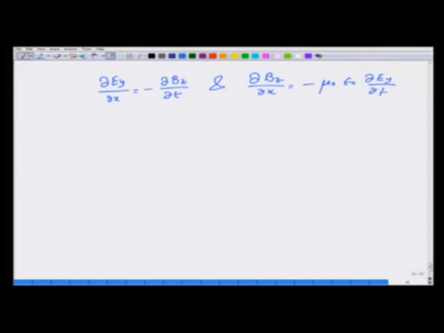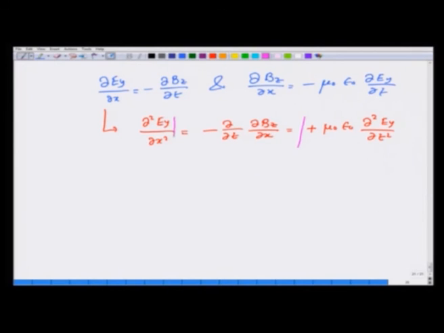If I take this first equation and differentiate it once more with respect to x, I get d2Ey over dx square is equal to minus d by dt of dBz by dx. I have switched x and t, which is equal to plus mu 0 epsilon 0 d2Ey over dt square.